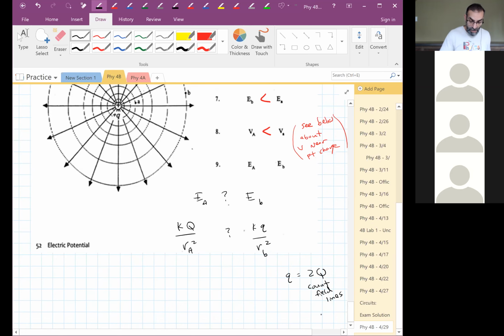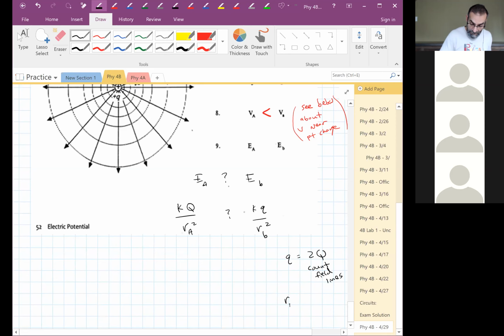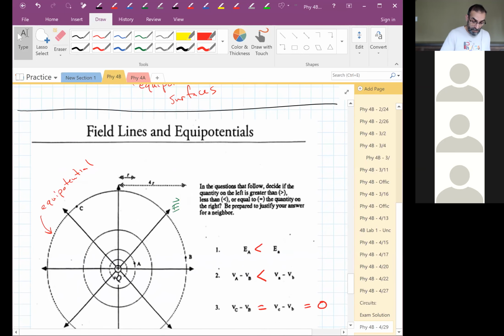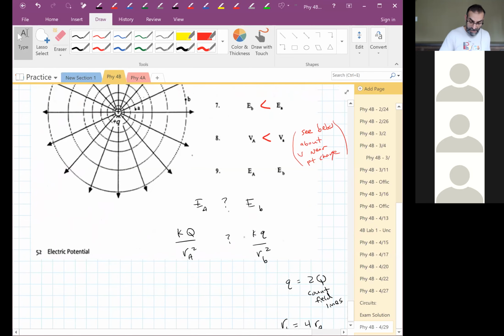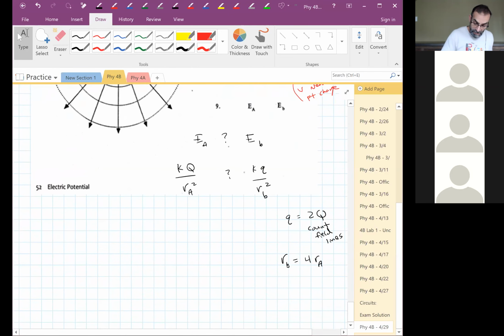And we know that RB is 4 times RA. That's lowercase. That was given somewhere here. One radius is 4 times the other one. Okay. So now we plug these two things in, and this was a given.